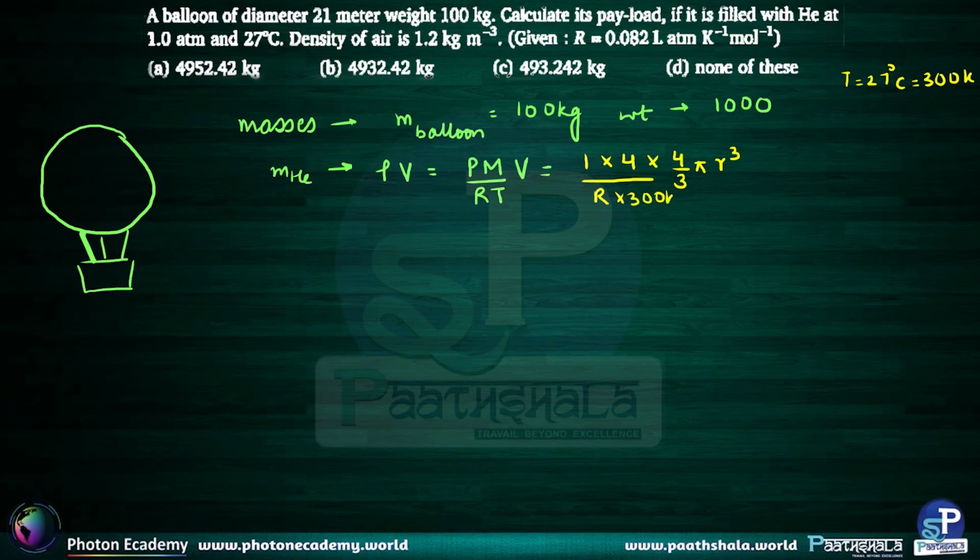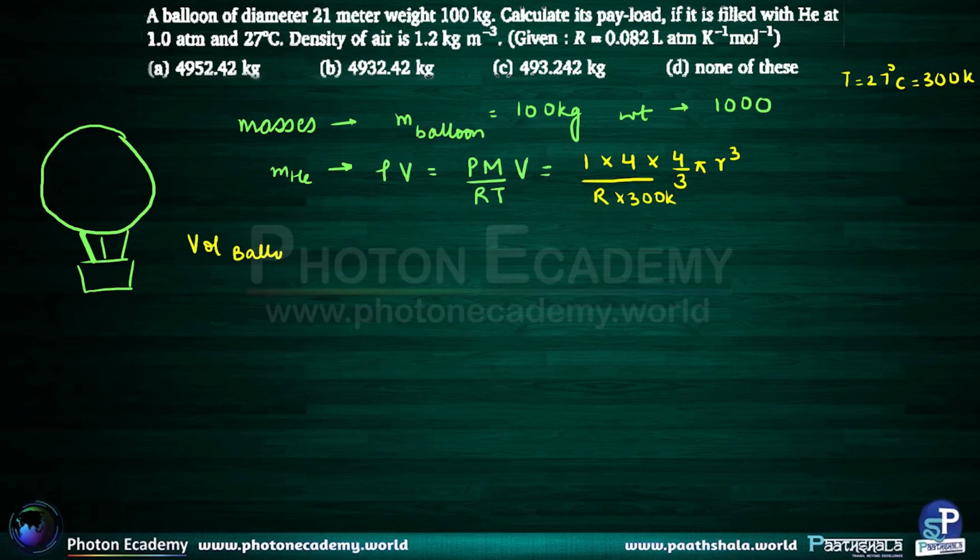First, let's calculate the volume of the balloon. This will be 4 by 3 pi d cube by 8, right?